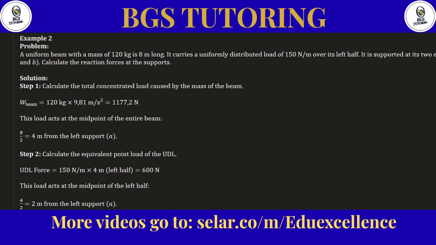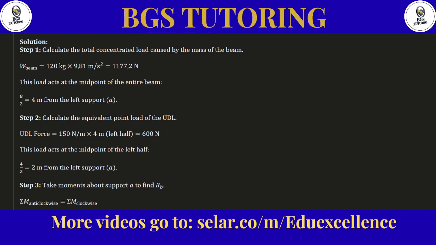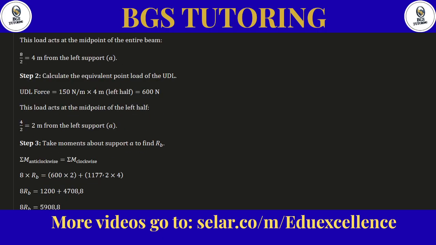There is our RA. That being said and done, we need to then determine that the sum of the clockwise moments is equivalent to the sum of the anti-clockwise moments. So anti-clockwise, which item is going against the direction?